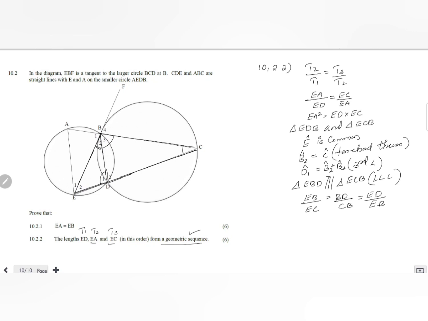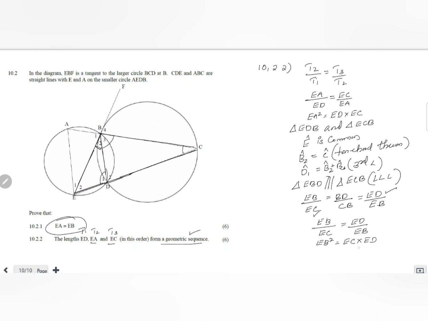Okay, so which ratios do you have to consider? Because it has ED, this ratio must be considered. Then it has EC, so this ratio must be considered, isn't it? So just take those two ratios, that is EB over EC is equal to ED over EB. Then cross multiply, you will get EB square is equal to EC times ED. But EB and EA are the same.